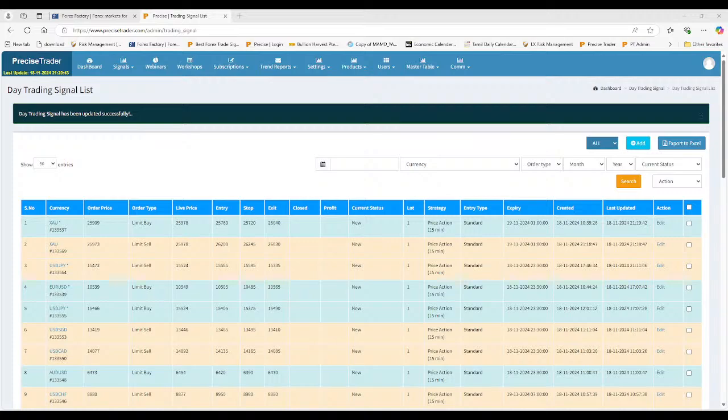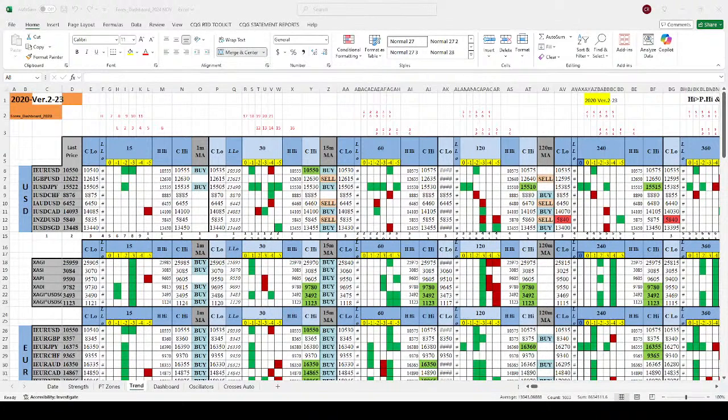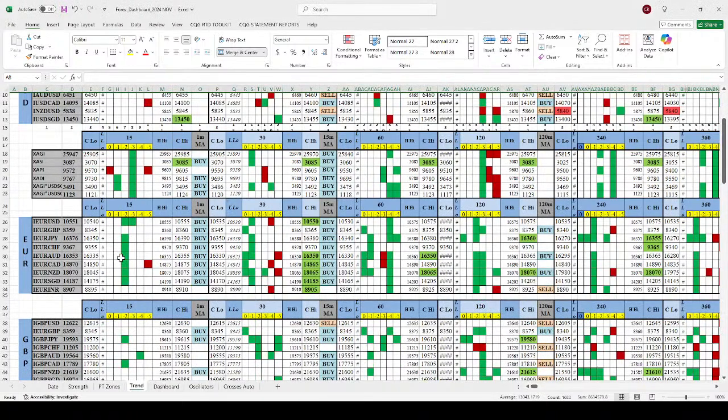Okay, the euro dollar is showing some strength here. Early on we bought, but it didn't move as expected, so we had to close the trade. I'm not sure whether this strength is going to last long. But the euro crosses are also showing some strength, so I think this would be a genuine strength.